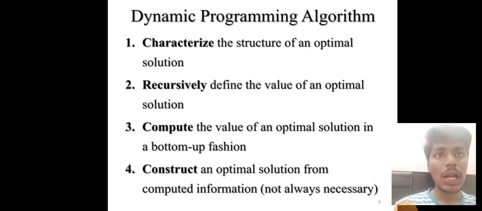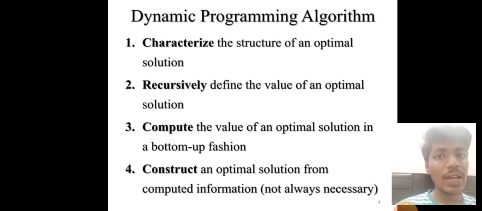A dynamic programming algorithm characterizes the structure of an optimal solution, and recursively defines the value of an optimal solution. While calculating the solution for a subproblem, it is stored in the table.